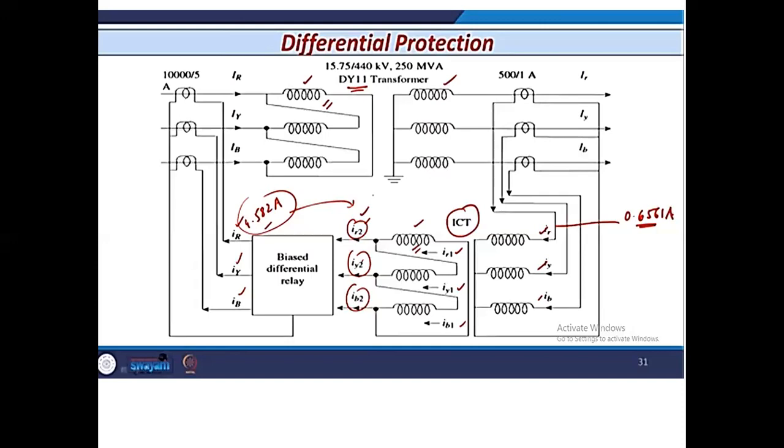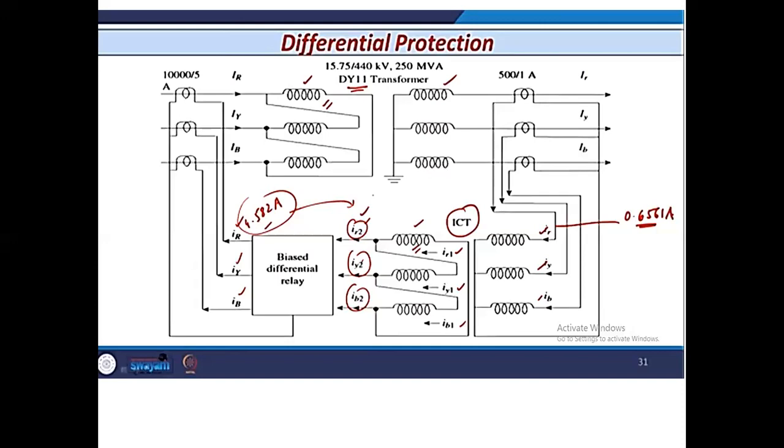For that we have utilized the interposing current transformer with one side winding that is star connected. The CT secondary is rated 5 ampere, directly connected to this, so these currents remain the same. On the other side, the other winding of the ICT is delta connected.